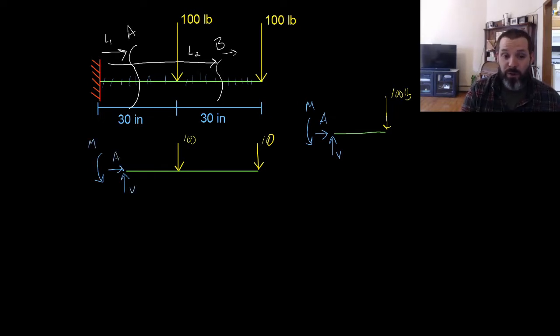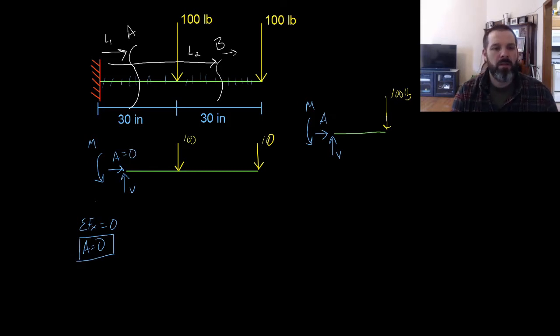And I can use my three equations of equilibrium to get them. So if I sum forces in the x, that has to equal 0, and we'll find that A equals 0. So A is going to be 0 anywhere between the support and the first point load.